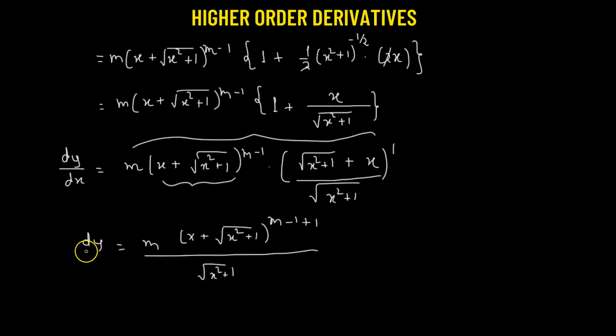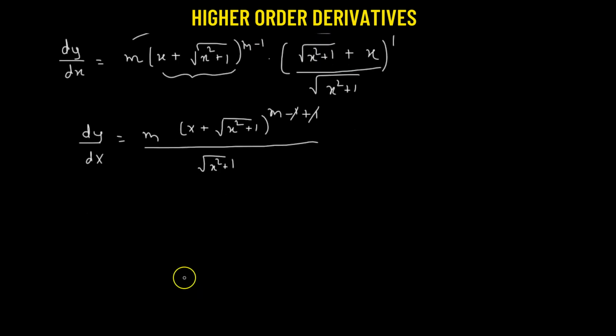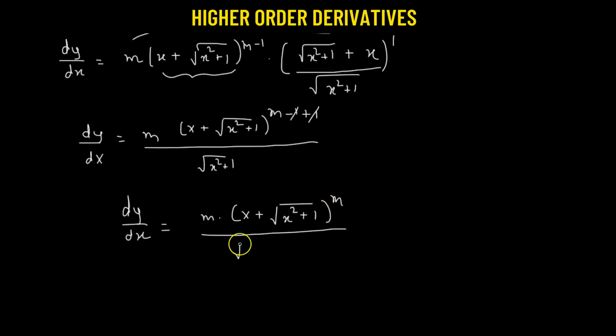So this is dy over dx. So here negative 1 and positive 1 get cancelled out, and that leaves us with dy over dx equals m multiplied to (x plus square root of x squared plus 1) whole raised to the power of m divided by square root of x squared plus 1.